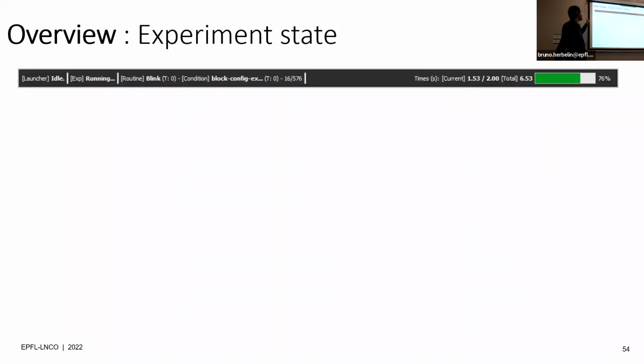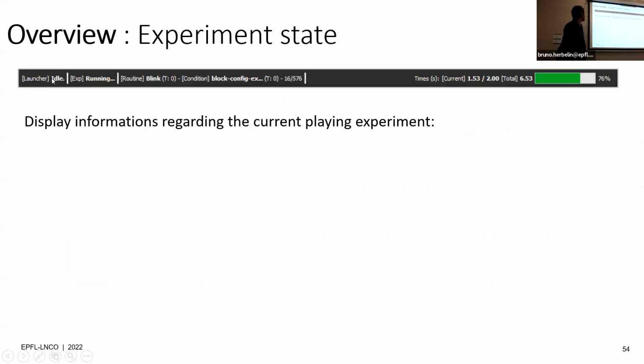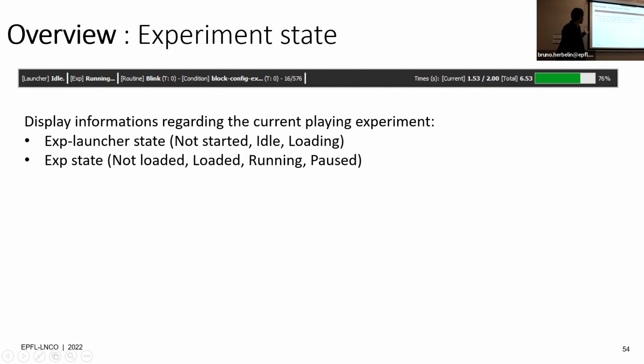Okay, almost done. We also have the experiment state part. Basically, we have various information regarding the current playing experiment. To the left, we have the experiment launcher state, if it's started, loading or not. We have the experiment state: loading, running, or paused. Here you can see it's running.